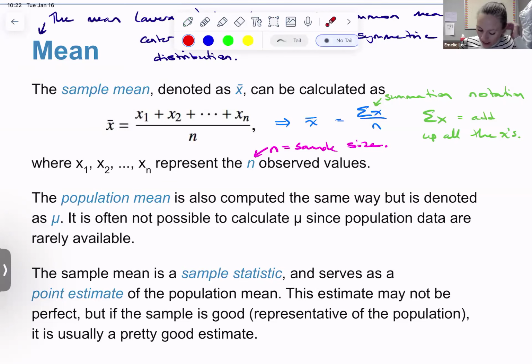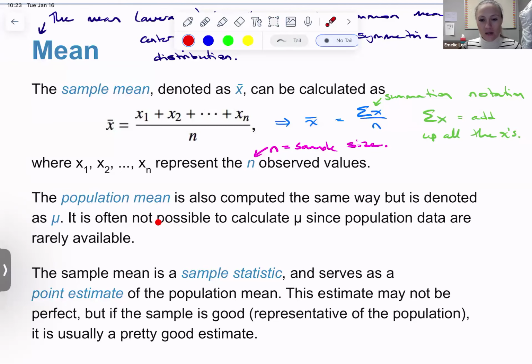Now, if we had the entire population and you wanted to find the population mean, you would do the same thing. You would add up all the values of X in the population and then divide by the population size, and then you'd have the population mean. Obviously, this isn't possible most of the time because we don't have the population.